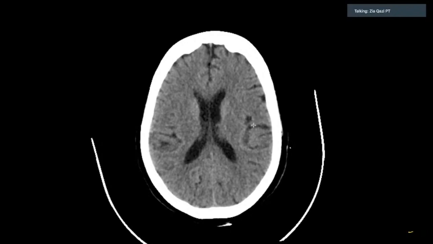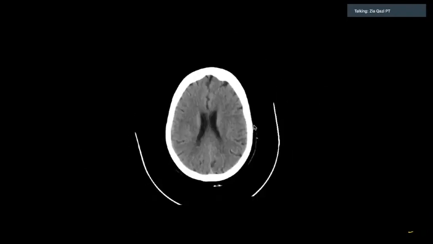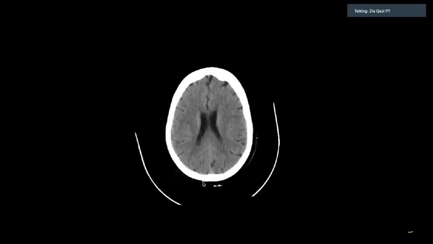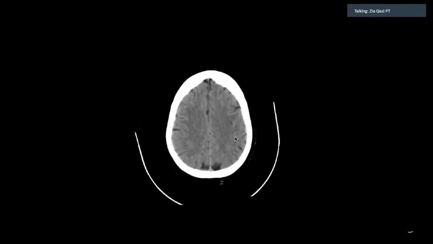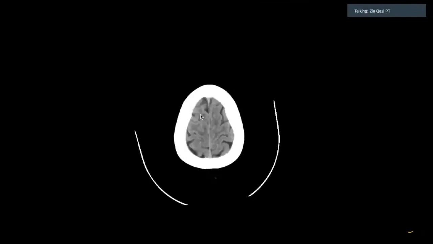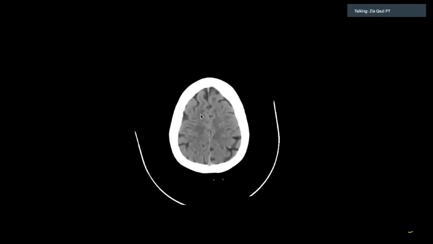So more parietal region, less temporal region than below. Here it is more parietal, frontal, and occipital. As we go above and above, you can see both the hemispheres clearly. The midline, this is more parietal and frontal. And the same way we go to the end, the tip of the skull.